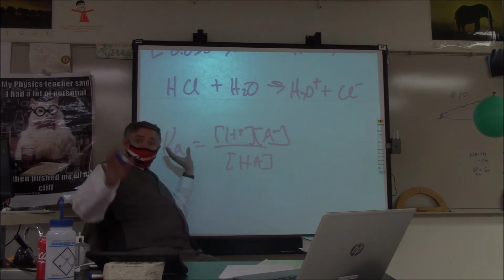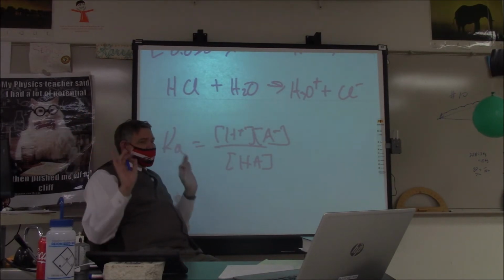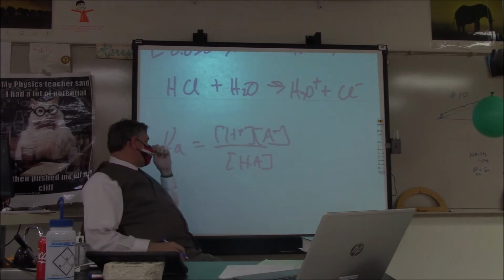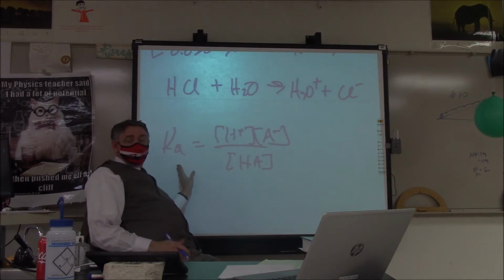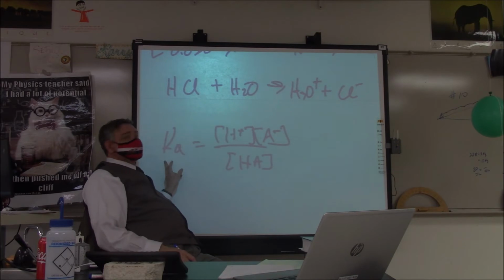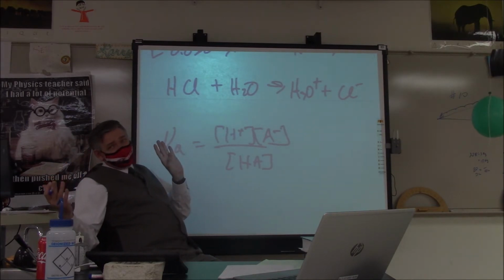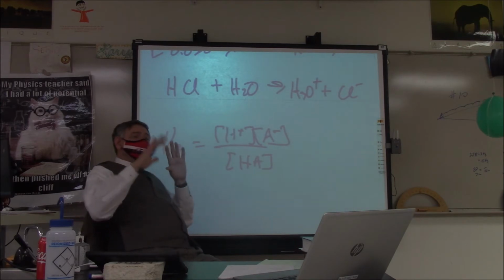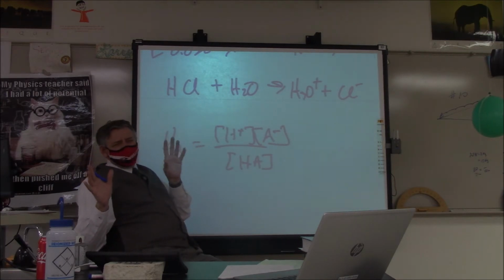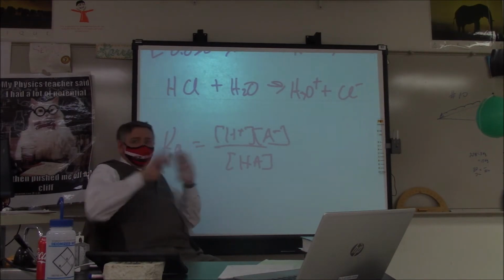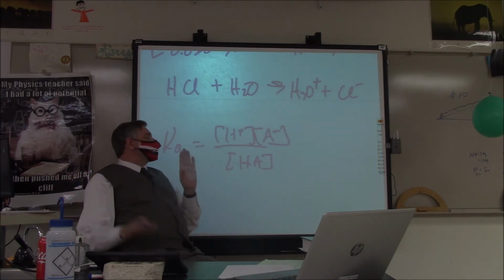Anytime you see the letter K, that means you're at equilibrium. Now, in contrast to this, we're going to use the letter Q later on. Q means it might be at equilibrium, but we don't know. So Q is like we don't know, but it could be. K, definitely at equilibrium. Okay?